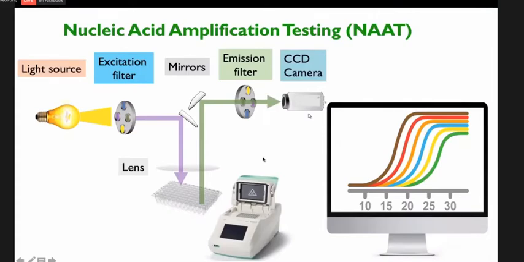In each cycle of PCR, the light from the emitted fluorescent dye is detected by the CCD camera, which converts it into digital data. Therefore, this method is known as real-time PCR because it allows the monitoring of the progress of the PCR reaction as it occurs in real time.